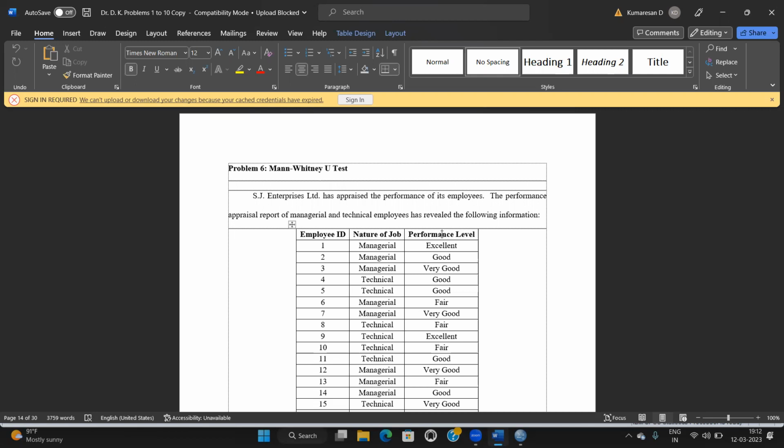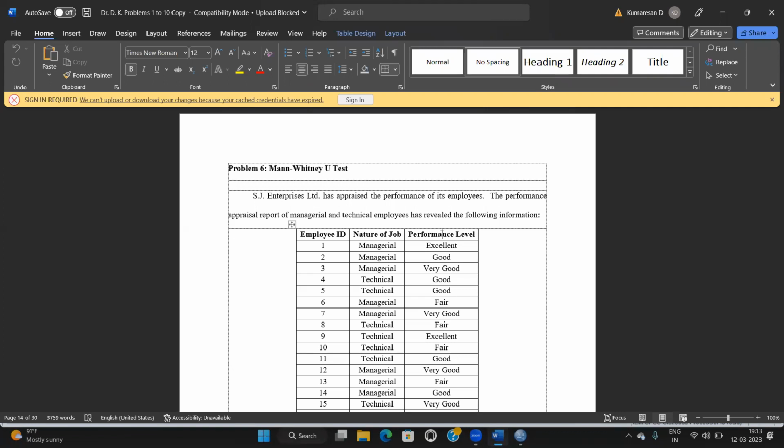Here, there are two categories, managerial and technical. So that is the similarity. The difference between these two tests is that in the previous case, we were given real values, that is scale data. But here, ordinal data is given.